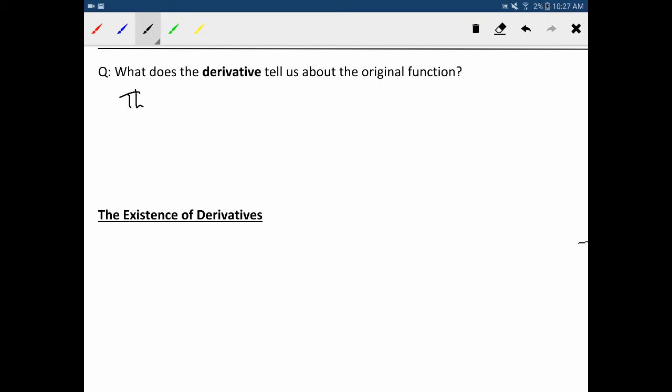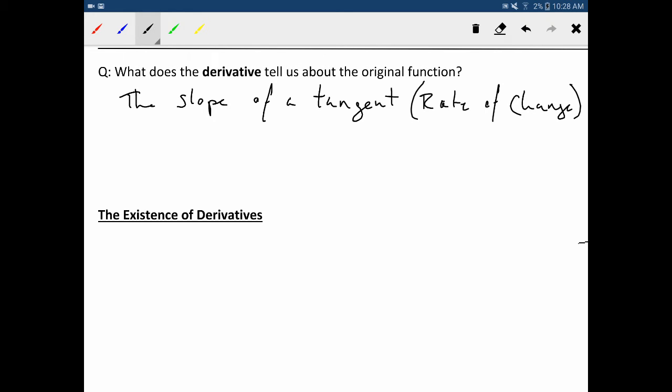So we'll write: it tells us the slope of a tangent or rate of change at any point on the original function.